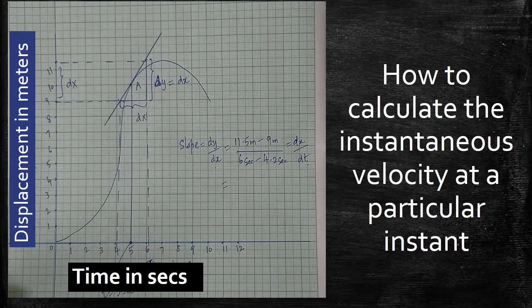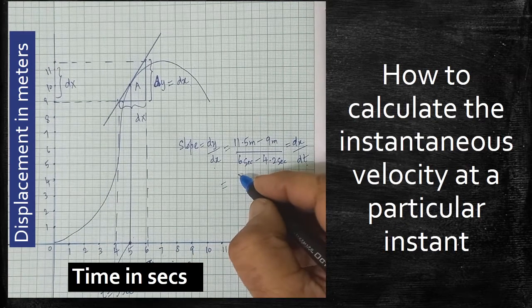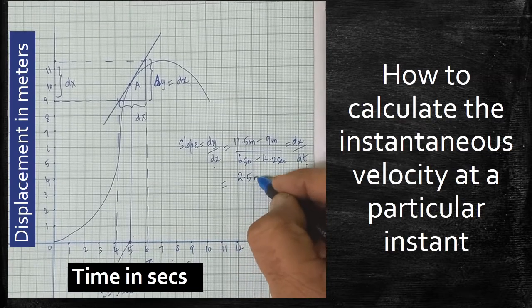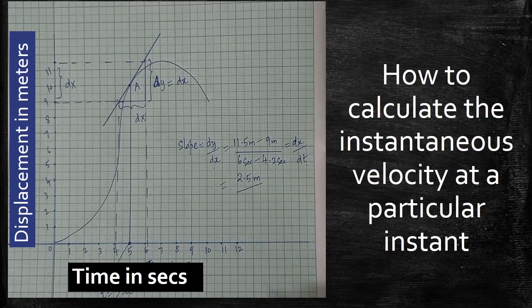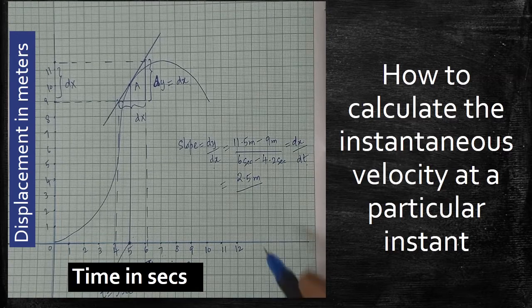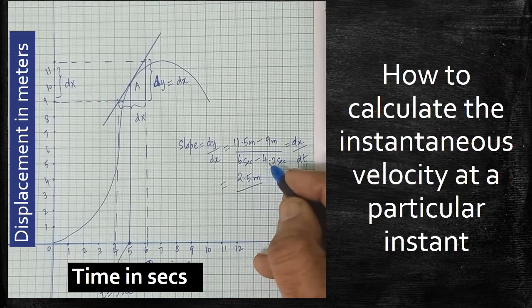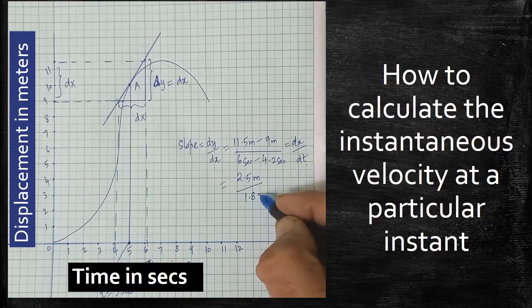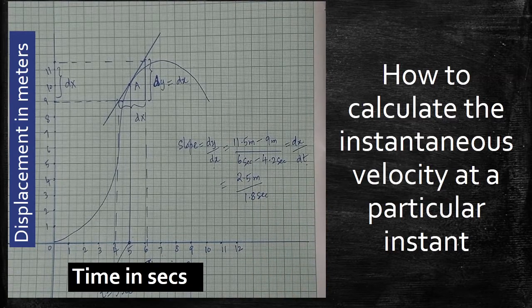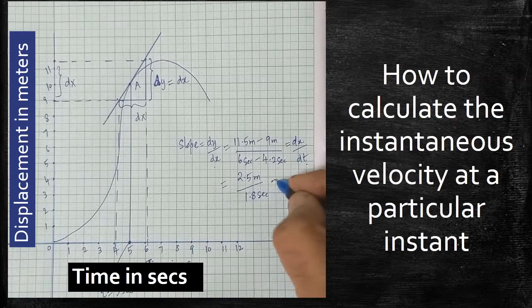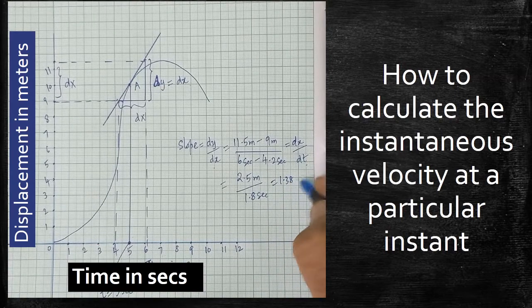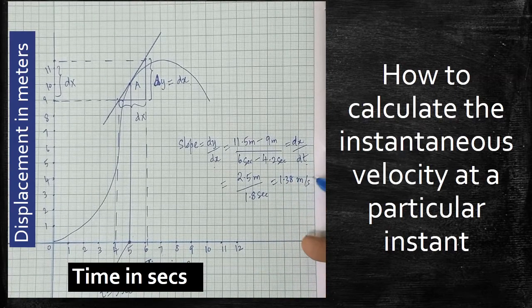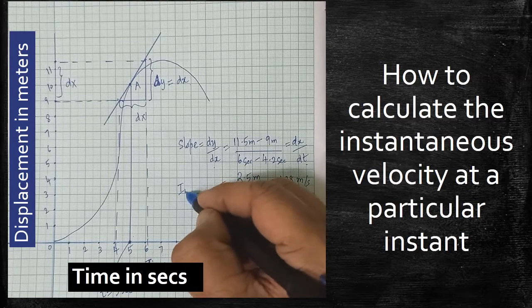Now you subtract. 11.5 minus 9 is equal to 2.5 meter, divided by 6 minus 4.2, which is 1.8 second. Now you calculate 2.5 divided by 1.8, which is equal to 1.38. 1.38 meter per second is called what? Instantaneous velocity.